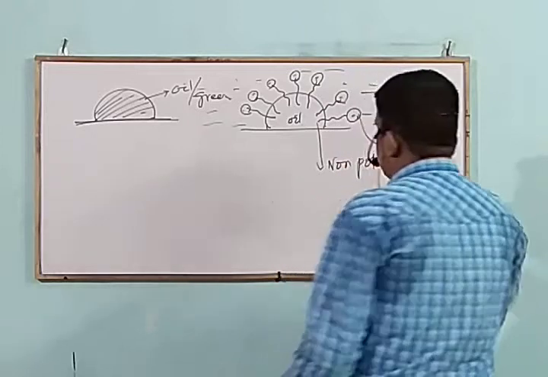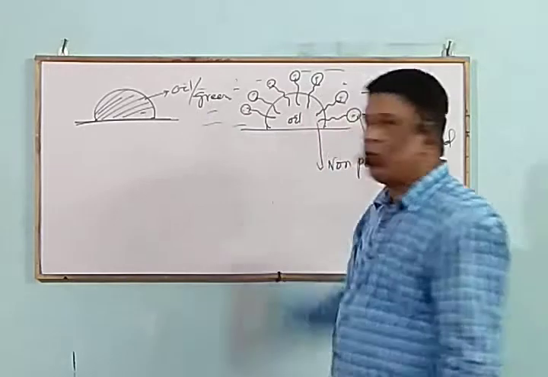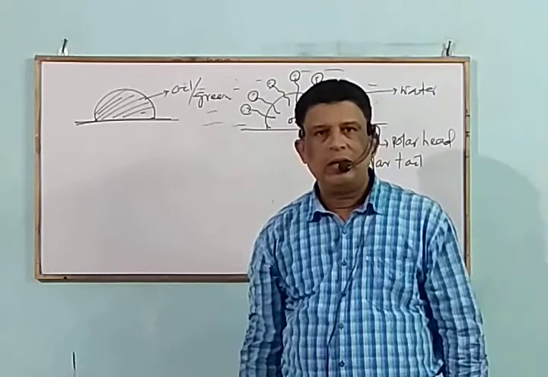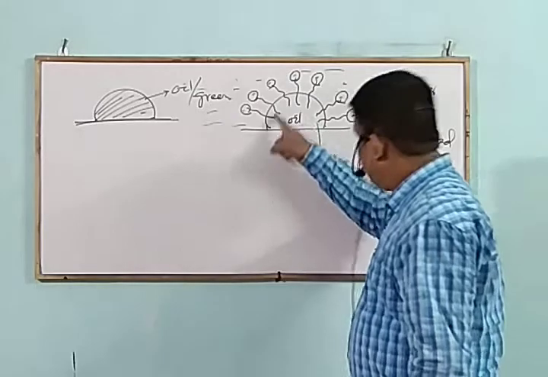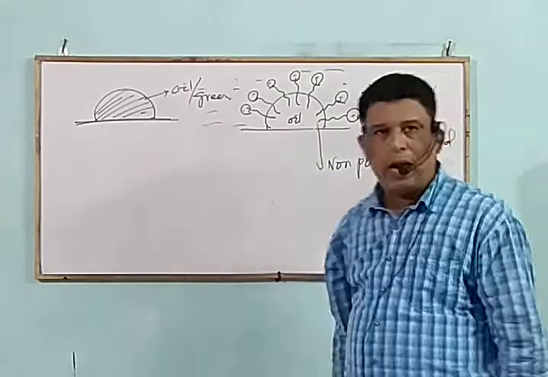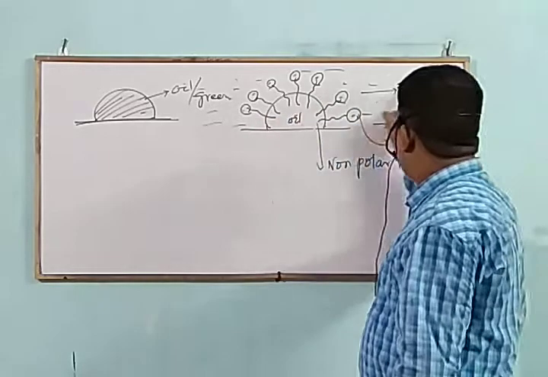So what happened? When this oil or grease comes in contact with the stearate ion, the non-polar tail comes in contact with the oil part, while the polar head comes in contact with water.